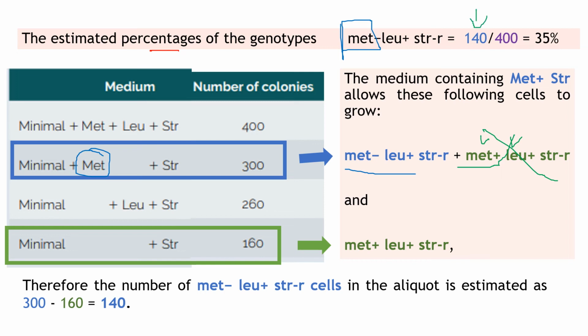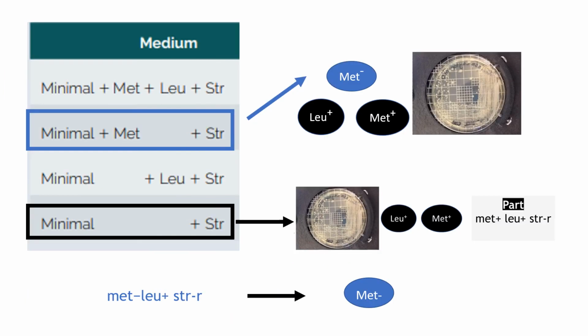The next step is just to find the percentage. So let's do it with the schematics. Again, we don't need these two genes. How do we do it? By subtraction. We take, as we said before, the 300 and subtract 160, and this is how we get 140.